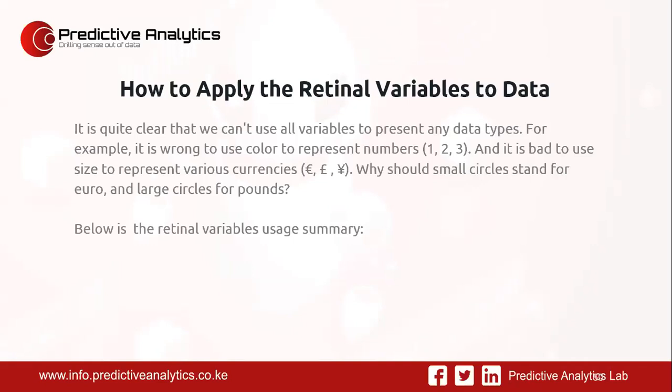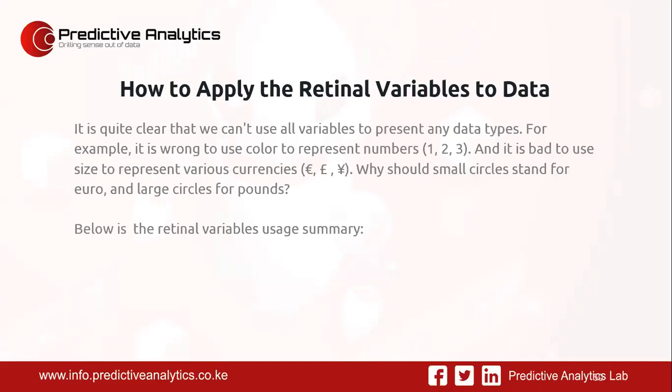So how do we apply the retinal values to data? It is quite clear that we can't use all variables to present any data types. For example, it is wrong to use color to represent numbers 1 to 3, and it is bad to use size to represent currencies, for example the euro, the dollar.